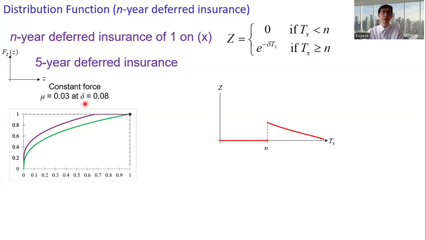The minimum value of z is 0. There's a probability mass at z equals 0 when Tx is less than n. Therefore, the probability that z is 0 is nqx. And in this illustration, 5qx is 0.1393.